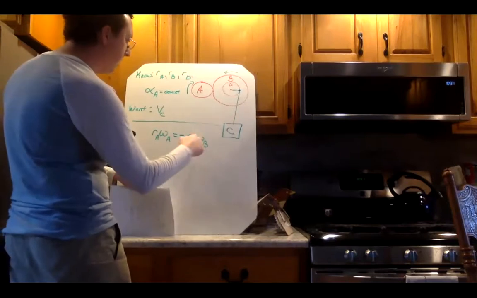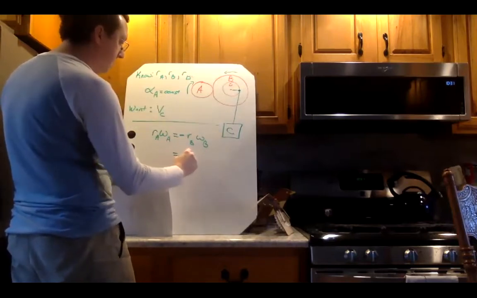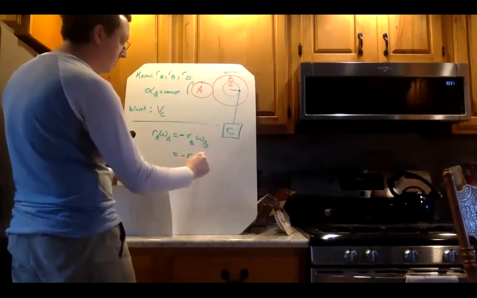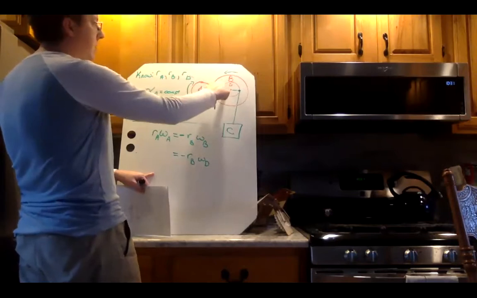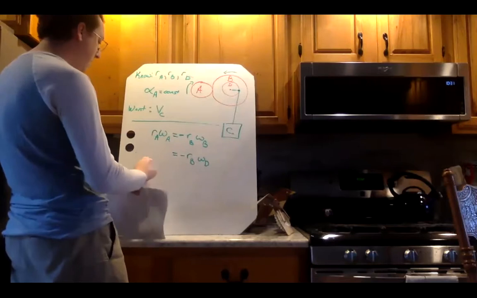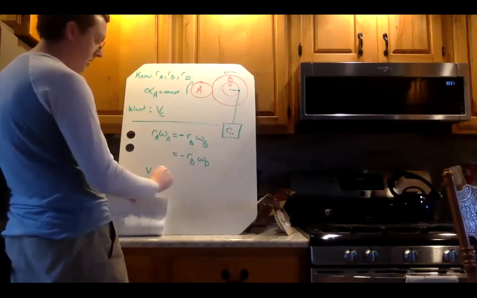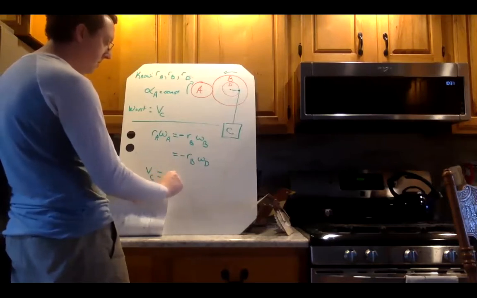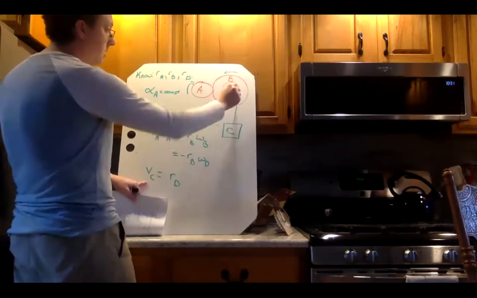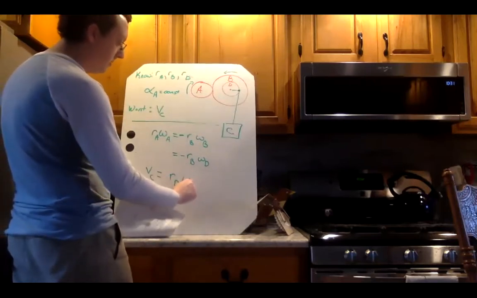Before I do that, because B and D are welded together, I know that this is minus RB times omega D, because D and B have the same angular quantities. And then I know that the velocity of C has to be the radius of D times omega for D.